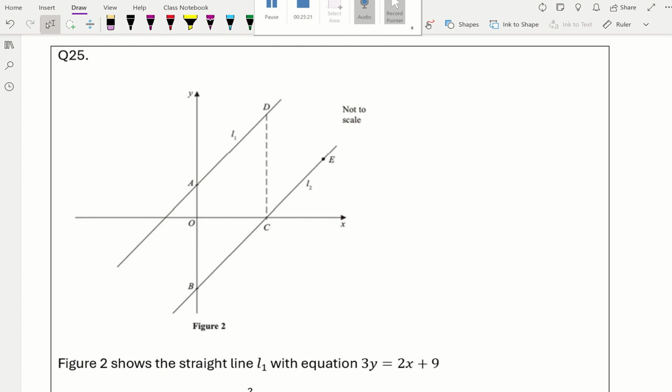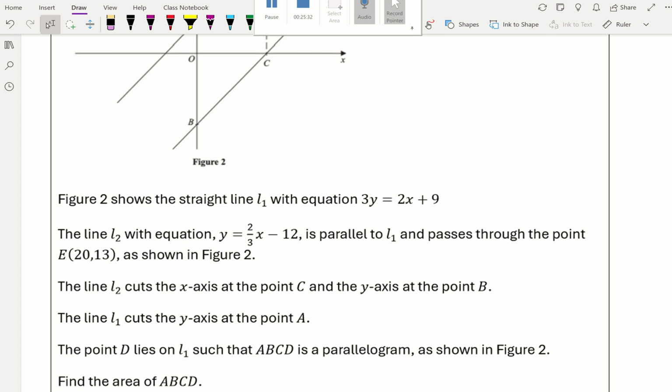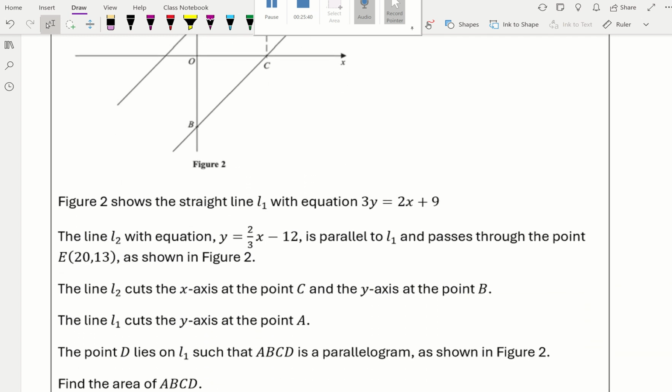This question says, figure 2 shows the straight line L1 with equation 3y equals 2x plus 9. The line L2 with equation y equals 2/3 x minus 12 is parallel to L1 and passes through the point E, which is (20, 13), as shown in figure 2.